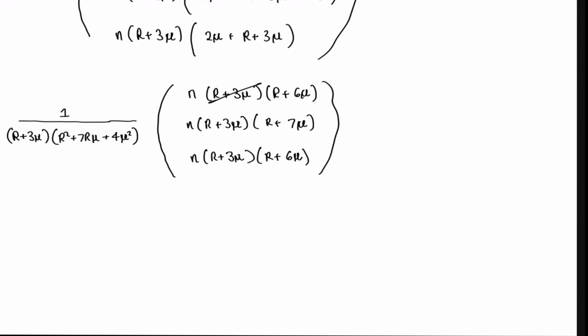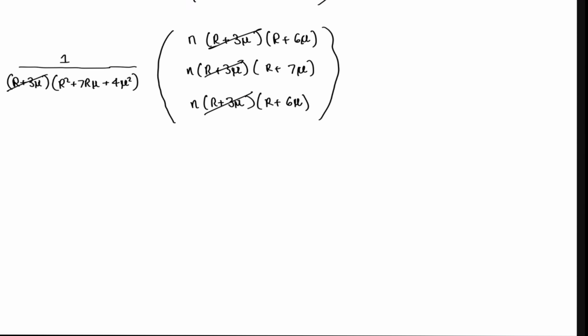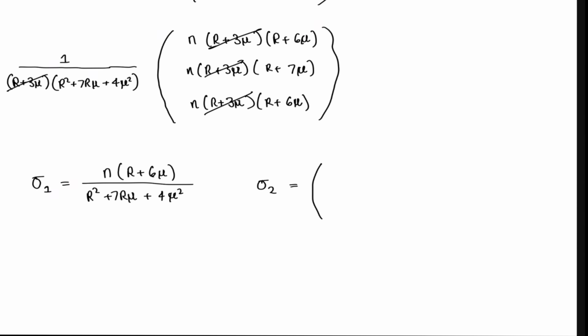Hopefully you can see that we can cancel out the r plus 3 mu, and so finally we get sigma 1 as eta r plus 6 mu all over r squared plus 7 r mu plus 4 mu squared. Sigma 2 is equal to eta r plus 7 mu all over r squared plus 7 r mu plus 4 mu squared.